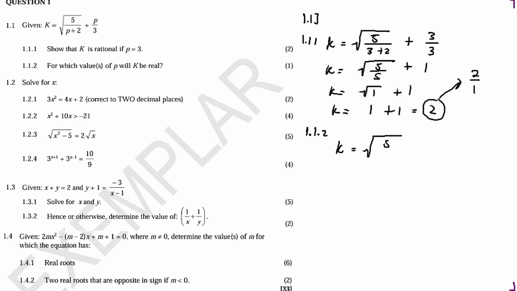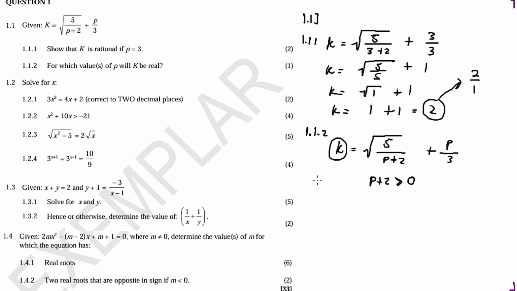Alright, so k will be real if the denominator of this fraction inside the square root, meaning p plus 2, is bigger than 0. If p plus 2 is bigger than 0, k will always be real.